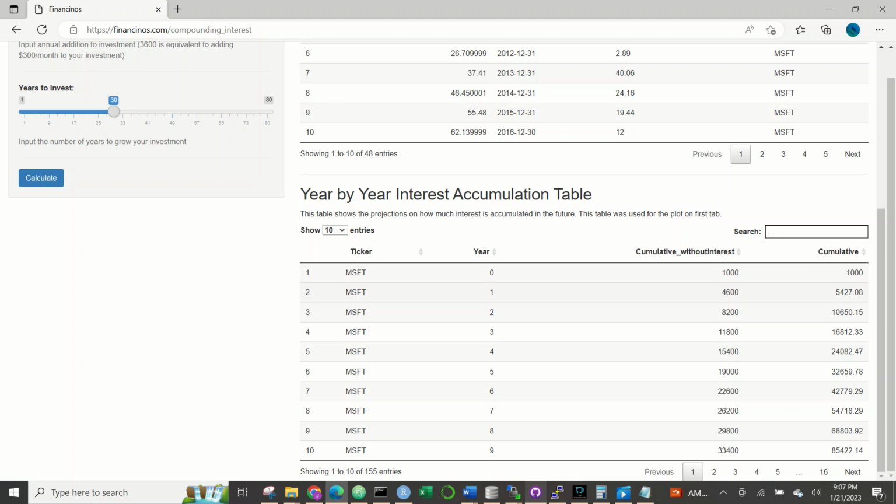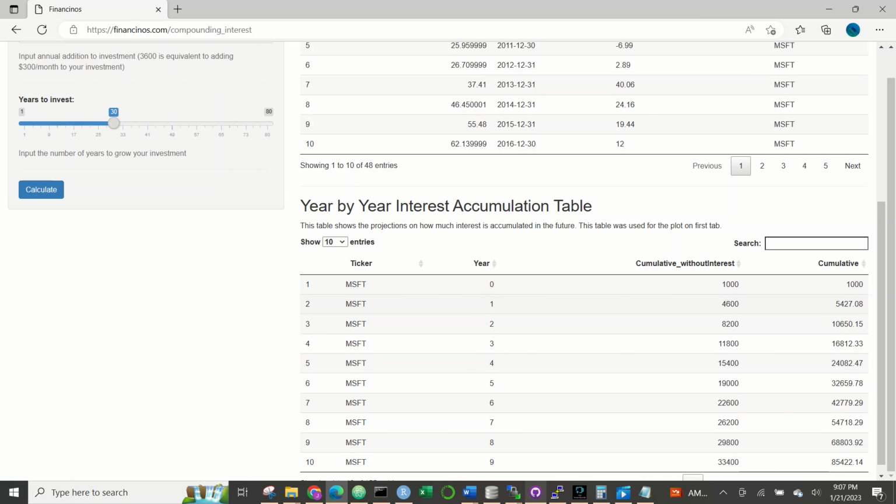So after year one, our cumulative total, including the interest of Microsoft, would be $5,427.08. So that's how this table works. It is used for the plot in the first tab.